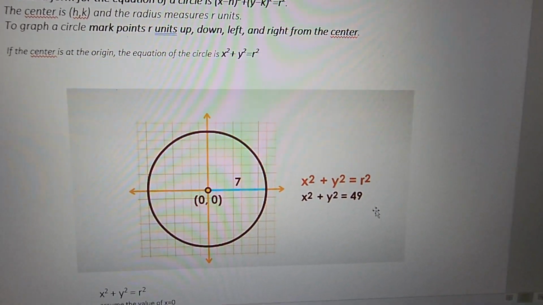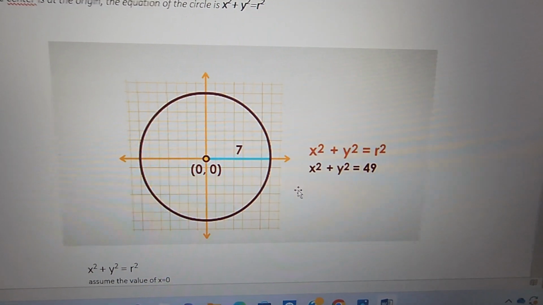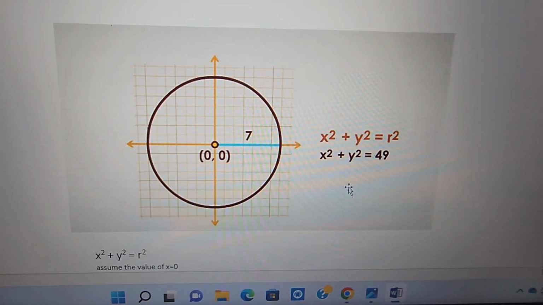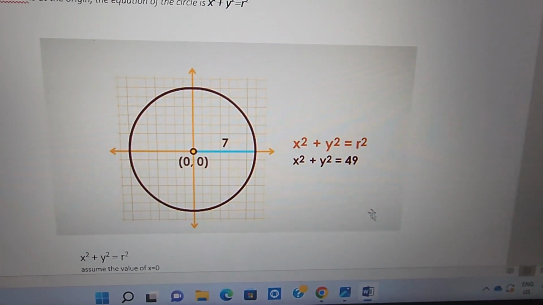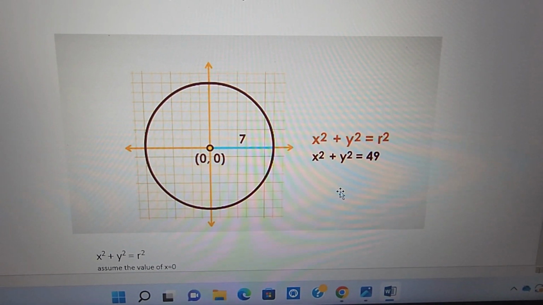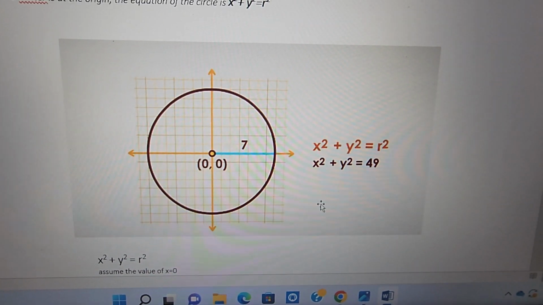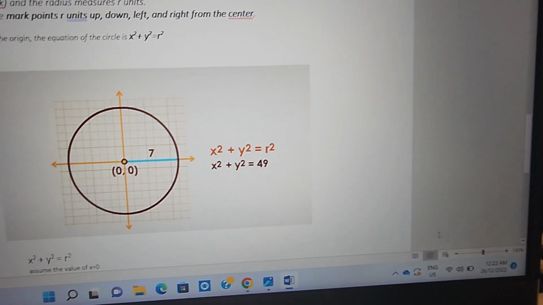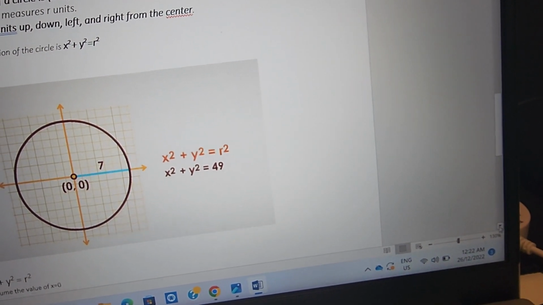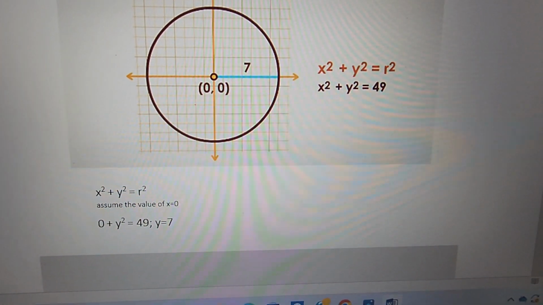From this equation, x squared plus y squared equals r squared, if the center of the circle is at (0, 0). Usually to find the value of y, we will assume the value of x as 0, or we can also consider the value of y equals 0 to find the value of x.